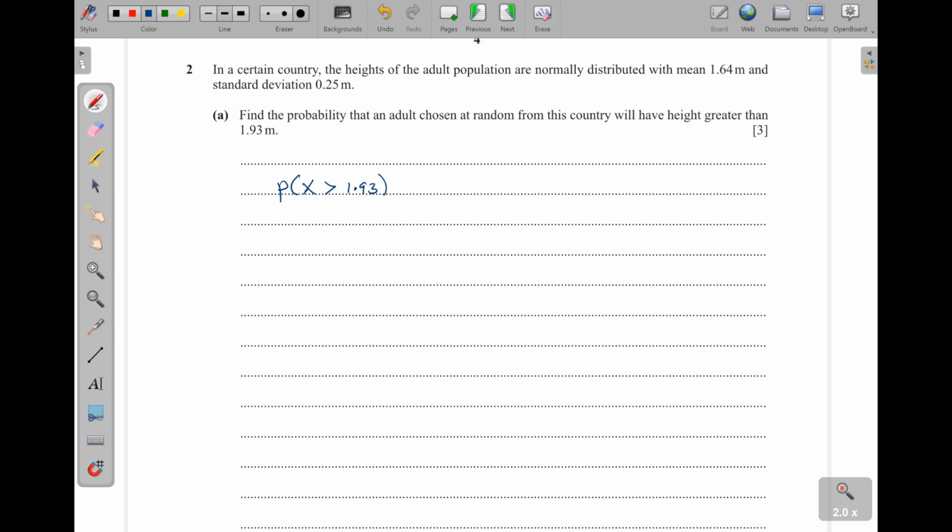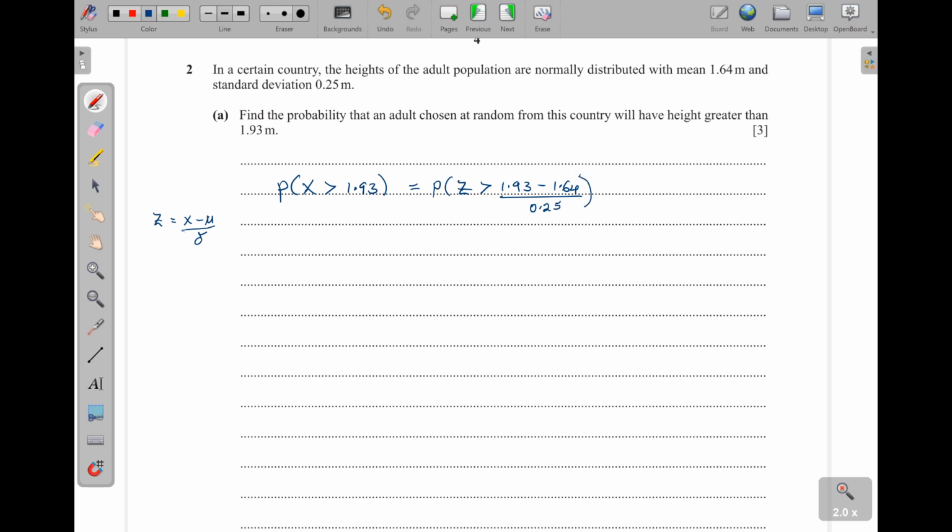Now we are supposed to standardize this, so we shall have probability of Z. Remember Z is equal to X minus mu divided by the standard deviation, so it will be greater than 1.93 minus the mean, which is 1.64, over the standard deviation, which is given as 0.25.